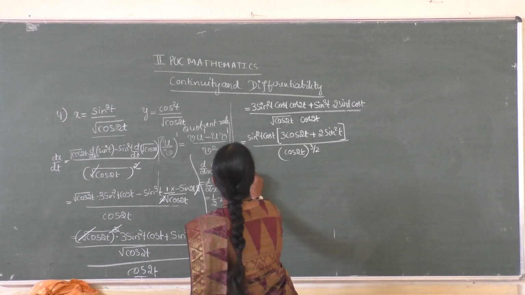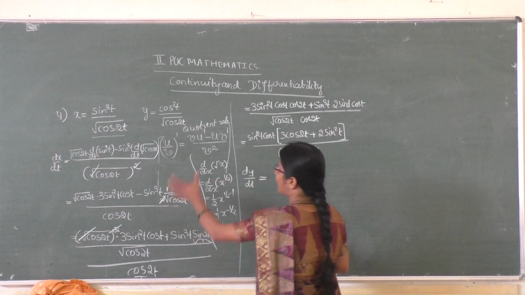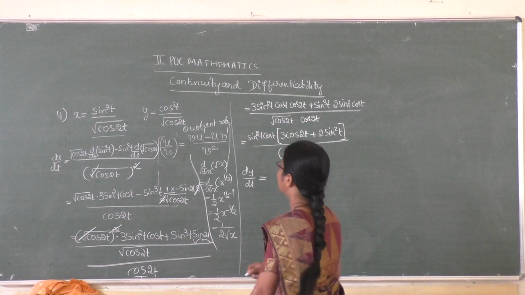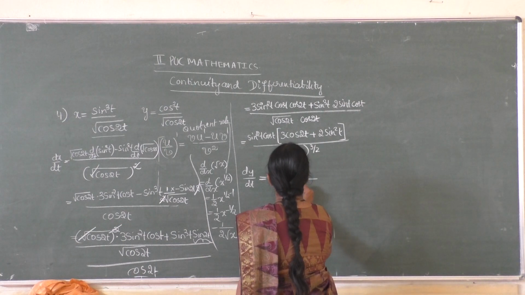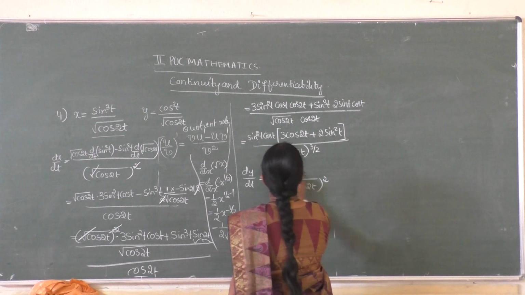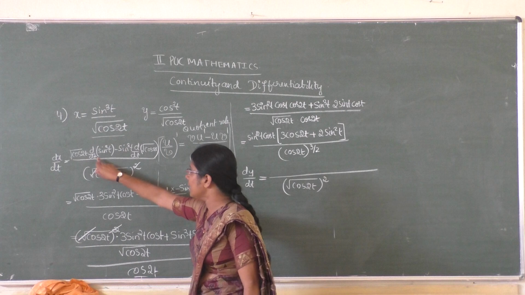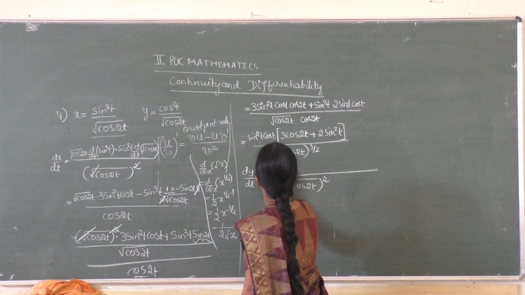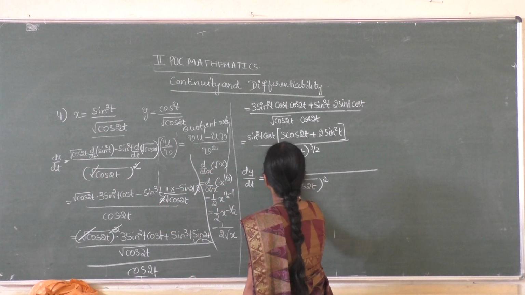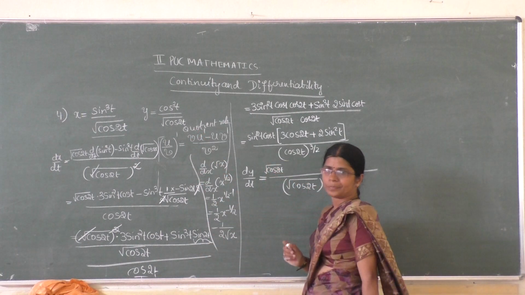Next we take dy by dt, okay. Similarly here also we can use the quotient rule, so root of cos 2t whole square in the denominator. In the numerator, I directly apply the quotient rule here, that is root cos 2t into derivative of cos cube t.